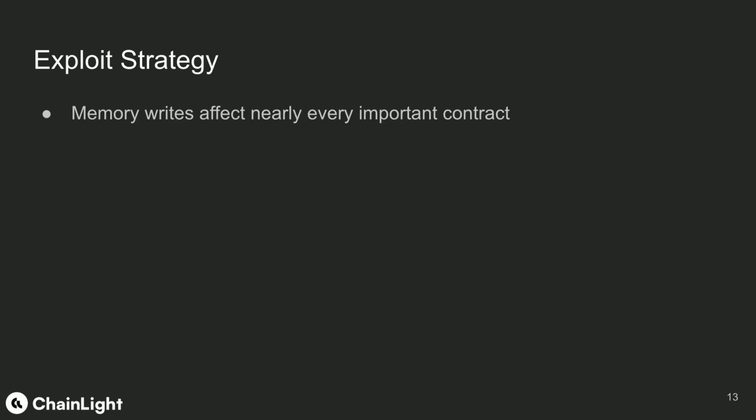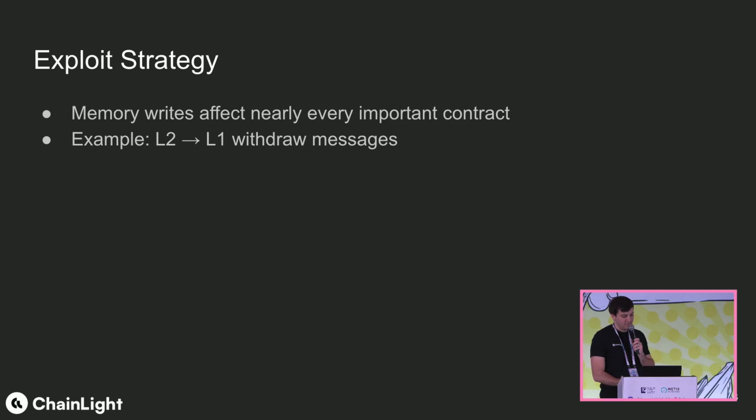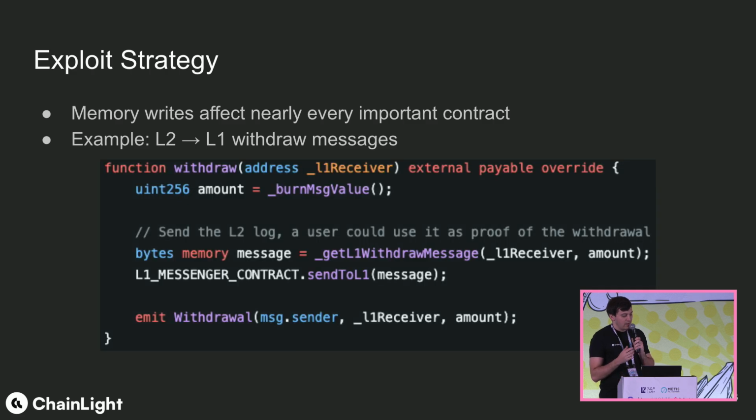Basically every smart contract on a layer 2 uses memory writes. And on zk-sync era, there's something called system contracts, which are privileged contracts that perform very sensitive operations necessary to the L2. An example would be withdrawing ETH from the layer 2 to the layer 1.